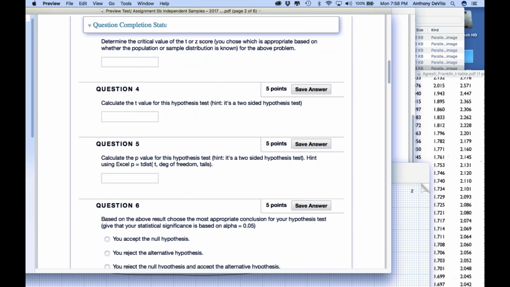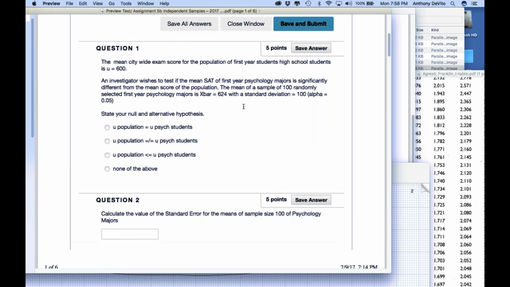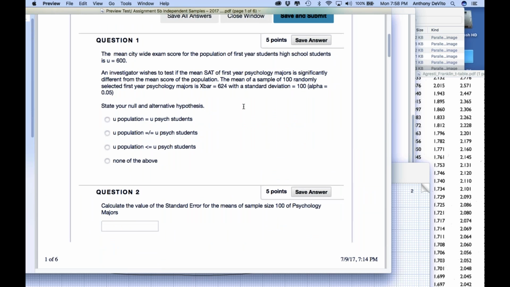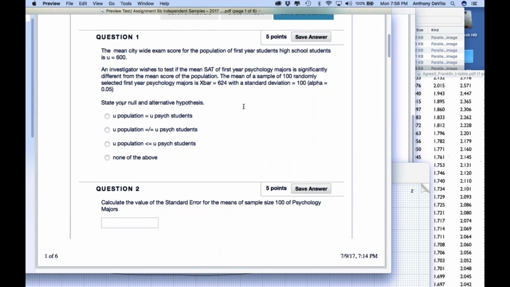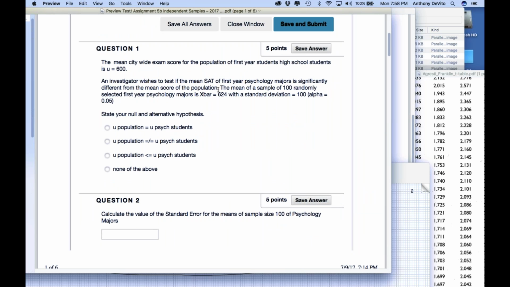Okay, calculate the t-value for this hypothesis. It's a two-sided hypothesis test. In other words, alpha is going to be 5%. So we're comparing 600 to 624.